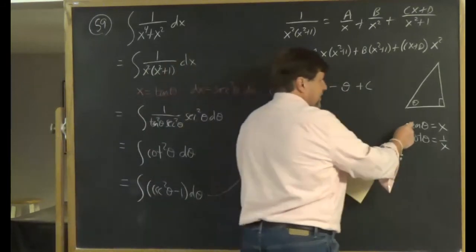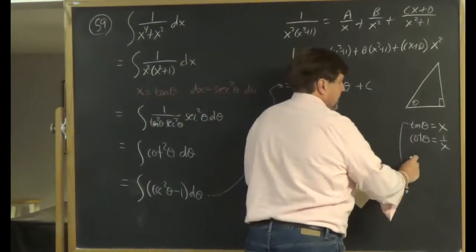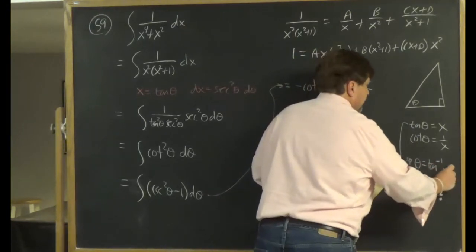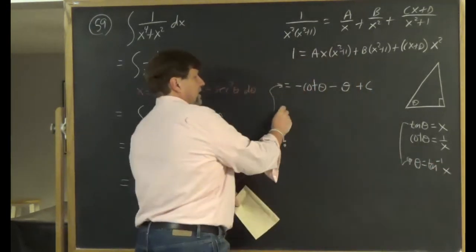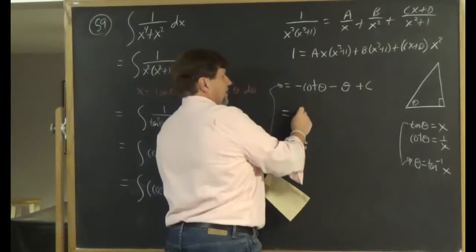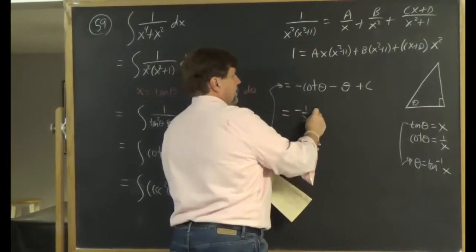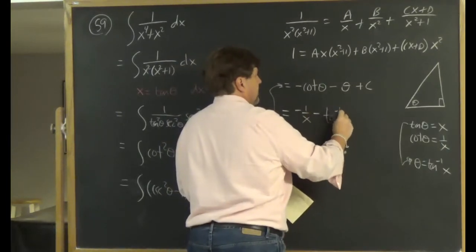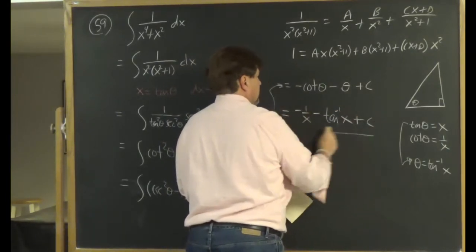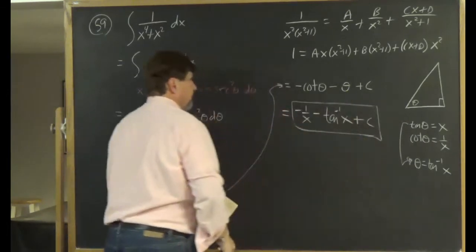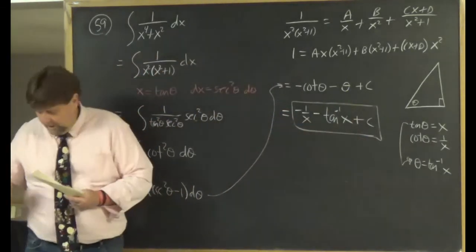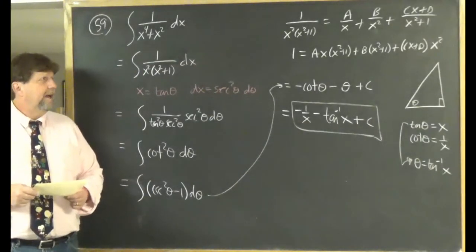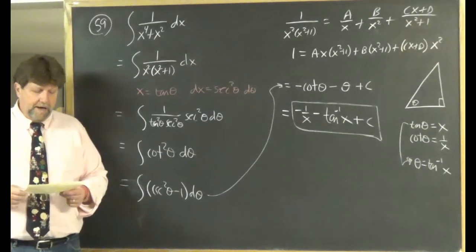And if tangent theta is equal to x, that tells me theta is inverse tangent of x. Looks like I'm done. This is negative 1 over x minus inverse tangent of x. That is a lot more efficient and a lot quicker than if I had gone through partial fractions.